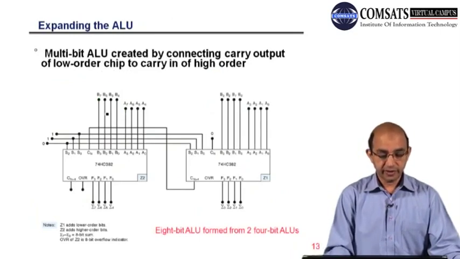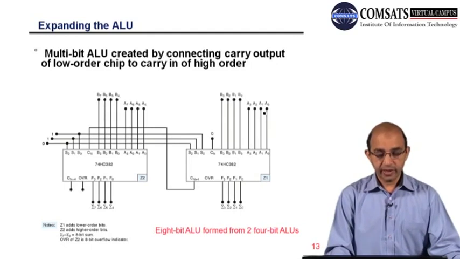So here you can see we have B's and A's. If I talk about a byte, I want to add two numbers and each number is 1 byte, so 8 bits. You can see starting from 0, 1, 2, 3, 4, 5, 6, 7, so these are 8 bits.